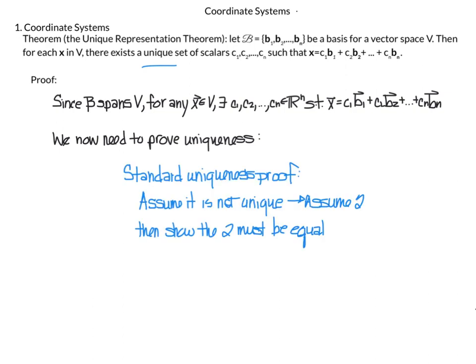The standard way of proving uniqueness is to assume first that it's not unique. So there's not a unique set of scalars. In particular, you're going to assume there's another set of scalars that satisfy this condition. But then through algebra or other properties, theorems, definitions, you're going to show that the two must be equal.